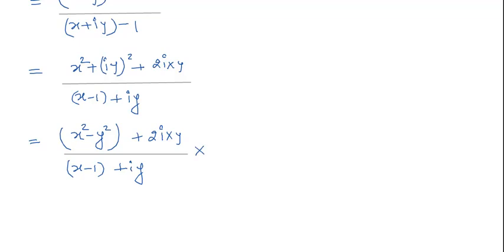So that will be x minus 1 minus iota y. So in the numerator also we are multiplying x minus 1 minus iota y.